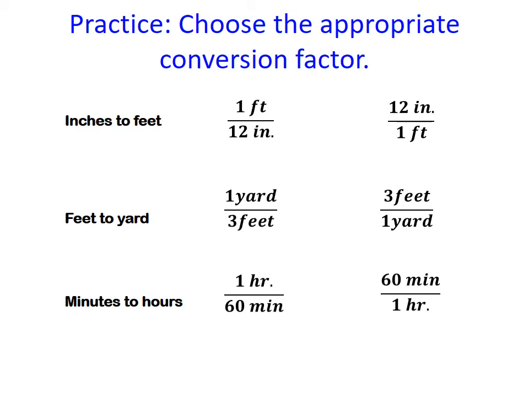So here is the basic: how to convert inches to feet, 1 foot by 12 inch or 12 inch by 1 foot, whatever we need we will apply. Foot to yard: 1 yard by 3 feet or 3 feet by 1 yard. Minutes to hour: 1 hour by 60 minutes.